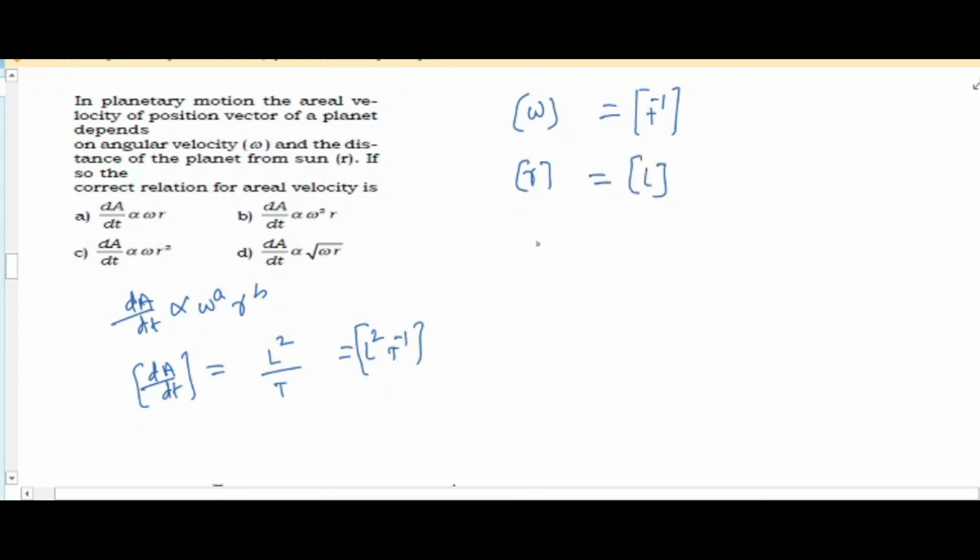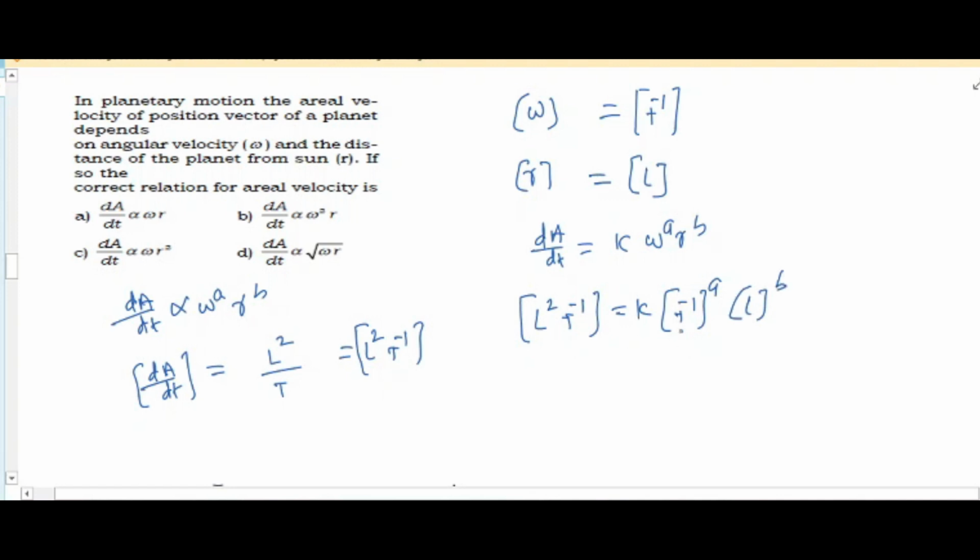Therefore, dA by dt is equal to k into omega to the power of a into r to the power of b. dA by dt, L square t to the power of minus 1, is equal to k into omega, which is t to the power of minus 1 whole to the power of a, r is L whole to the power of b.